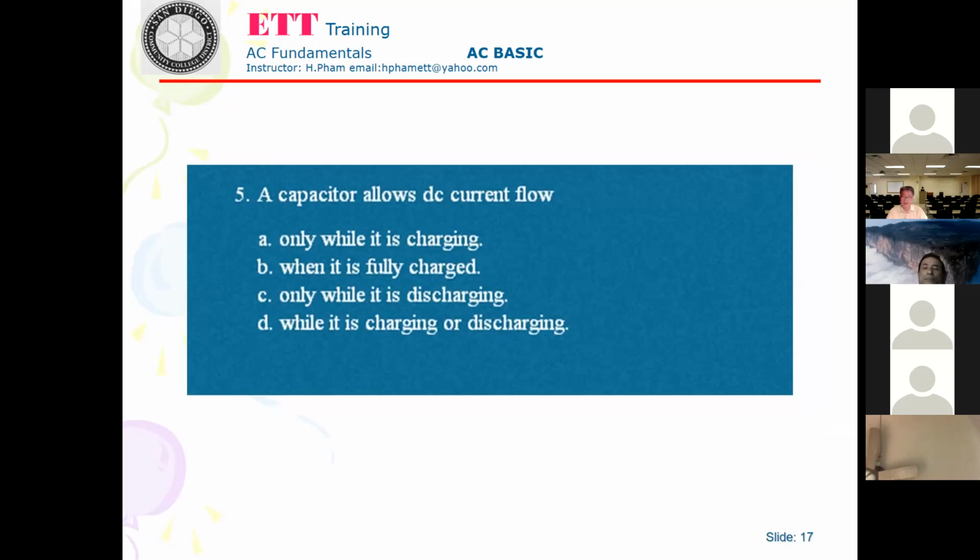However, you have to memorize one thing: that only happens when the capacitor is already fully charged. If it is not fully charged, if it is charging or discharging, it still allows the current to flow. So the answer here will be D, because it's charging or discharging.